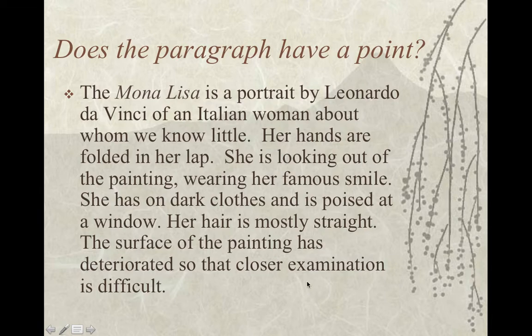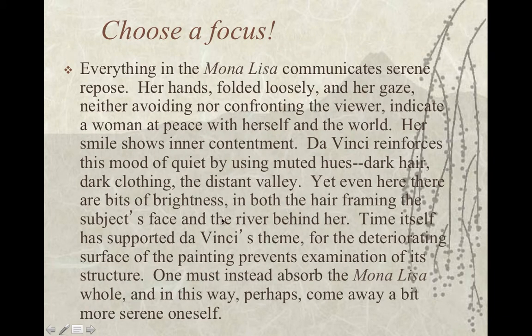If you're watching this video, we've probably already talked about this example in class, but quick review. The Mona Lisa is a portrait by Leonardo da Vinci of an Italian woman about whom we know little, but then we don't really talk about that. We just talk about random things, so the paragraph doesn't really have a point. And if you read the first sentence with the last sentence, they don't make any sense together. Complete change of subject. So by focusing, what exactly is the point I'm making?